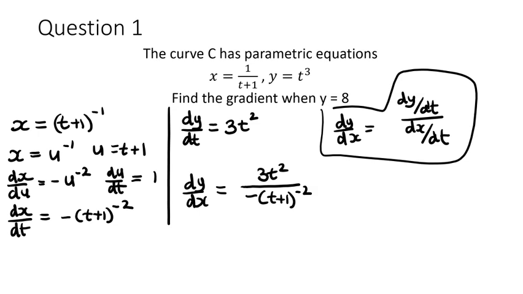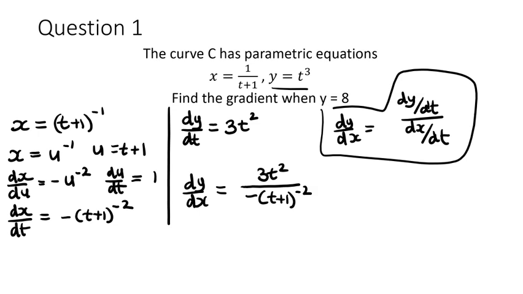And then I want to find the gradient when y equals 8. So I've got my gradient function here, but the issue is it's in terms of t instead of y. So what I want to do is find the t value when y is 8. So what I would just do here is simply look at the parametric equation here, y equals t cubed.